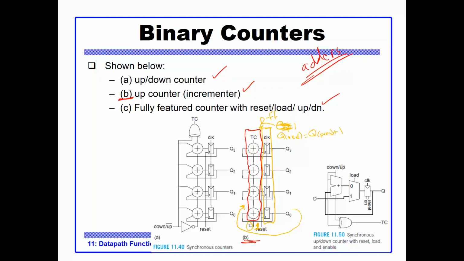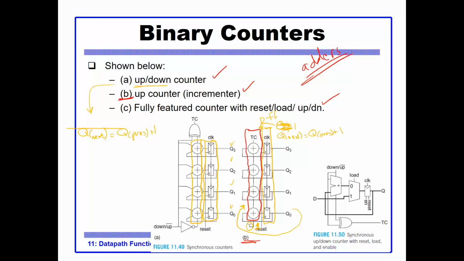What if I need an up-down counter? Again, I use an adder. The basic structure is the adder, and here are my flip-flops, because the output of the adder is saved in these D flip-flops, and here are my Qs. Now understand one thing: in an up-down counter, Q next can be Q present plus 1.